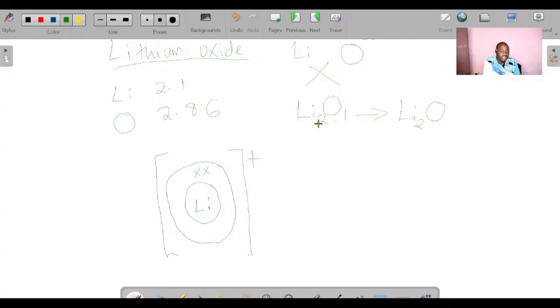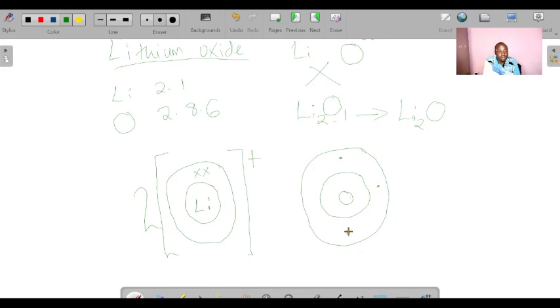But now we go back to the formula. There are 2 lithium atoms, so we are going to put a number 2 just before our lithium. Then we go to our oxygen. It's supposed to gain 2 electrons to become stable. So we shall have our oxygen, then we have the nucleus, and we show the distribution of electrons. I can use a dot.